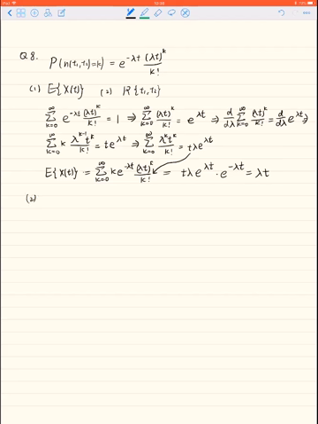In order to find the second question, R(t1, t2), we have to take the derivative again.